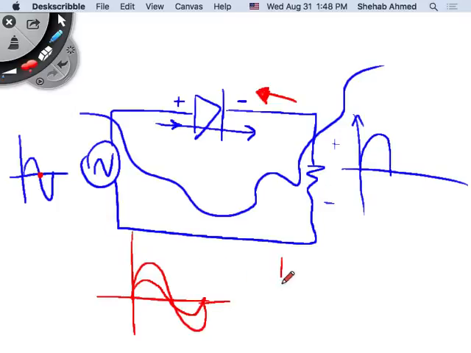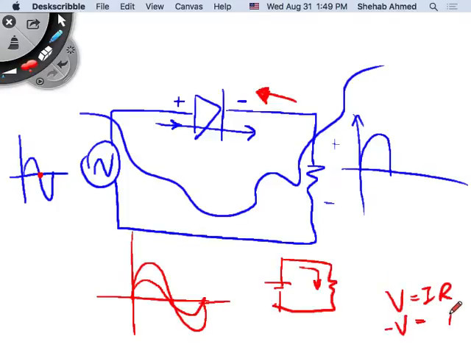Positive voltage on a resistor means positive current. This is V equals IR. But now if I put negative voltage, it's the same resistance, it means I have negative current, right? So when the circuit tried to put some negative current, the diode blocked it, right?